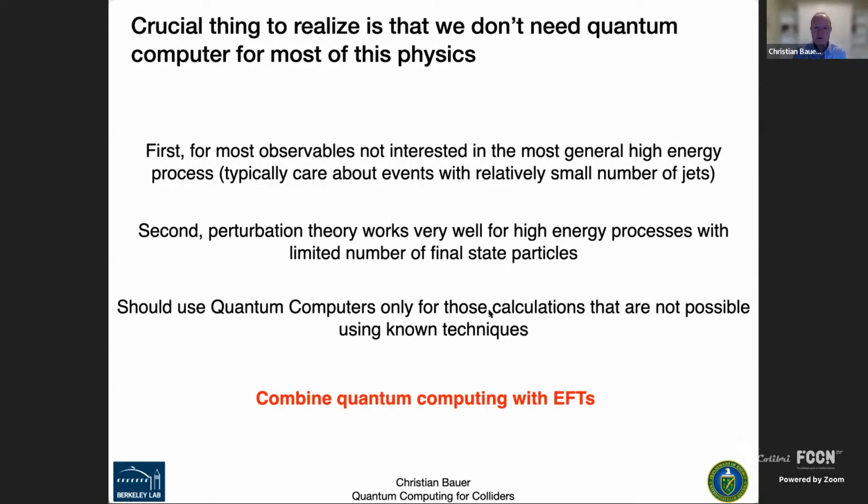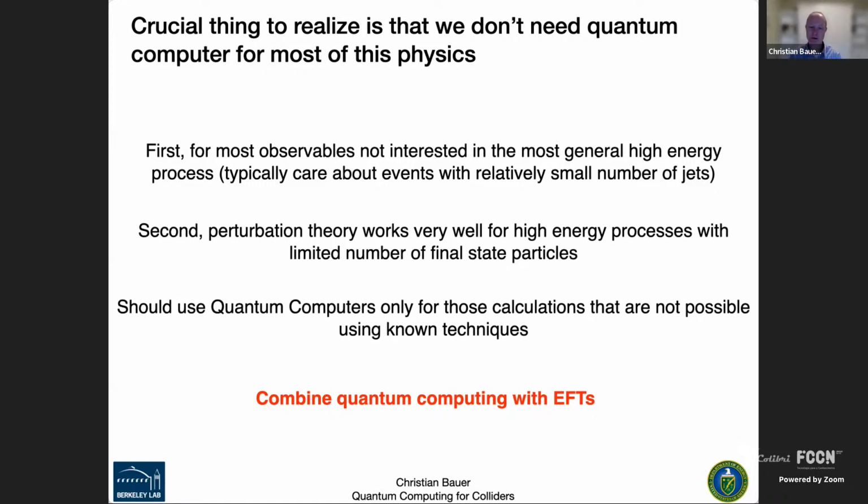So we should use a quantum computer only for those calculations that are not possible using known techniques, and particularly using classical computers, right? After all, maybe I can't imagine the future, but I doubt that in raw computational power, as in doing the same algorithm on a quantum computer and a classical computer, I bet a classical computer will always beat the quantum.